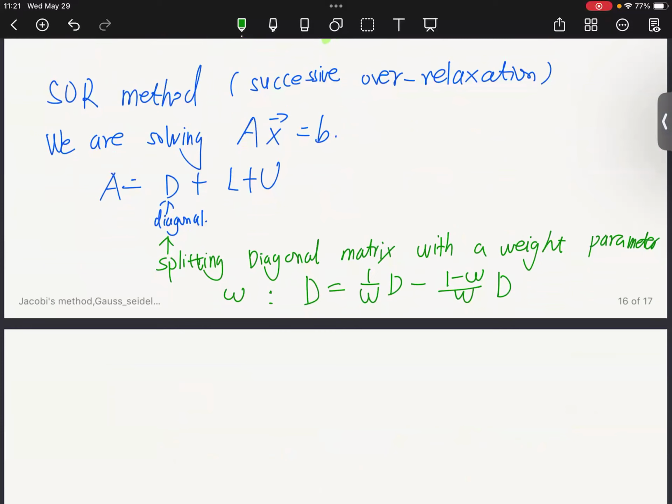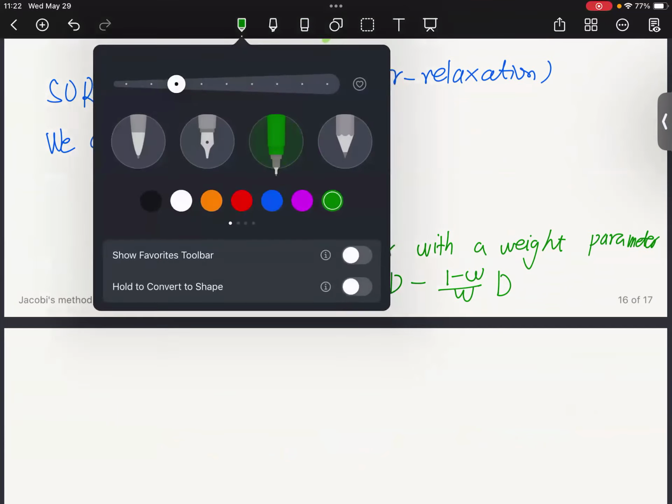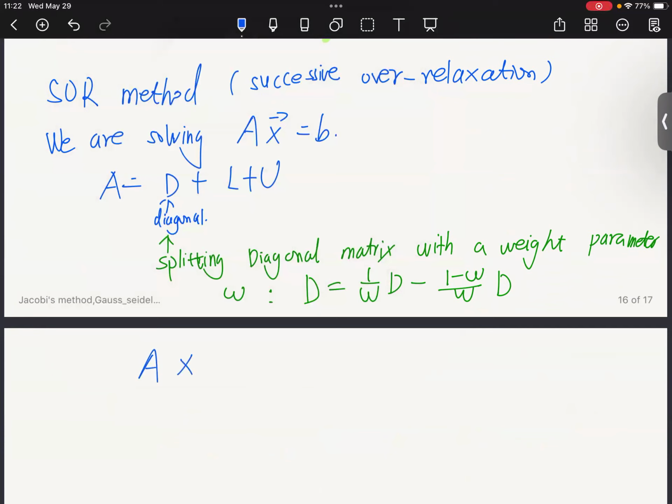Now let's do the things again. As you can see before, I left the D matrix on the left-hand side along with L. At the very beginning, this is the Ax equals b problem. I go from the very top and split A into D plus L plus U, then x, and the b vector on the right.